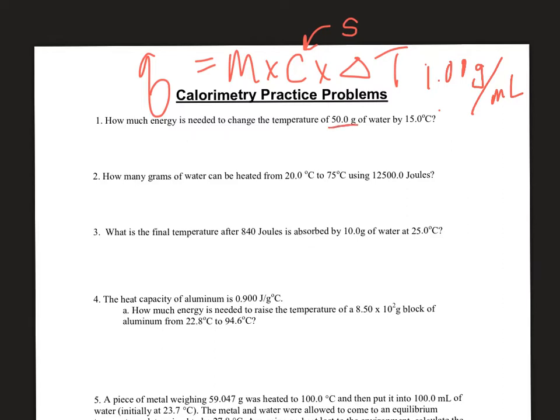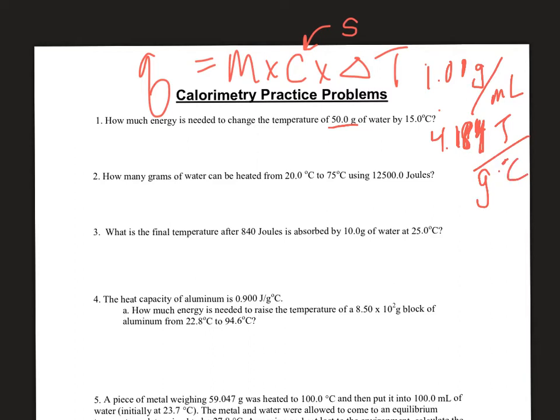However, this scenario just tells us the mass, and here's where you do have to know that the specific heat capacity of water is 4.184 joules per mol K, or joules per gram degree Celsius, right? So that's the number, 4.184, and sometimes you will see it as 4.186, but most textbooks list it as 4.184 joules per gram degrees Celsius.